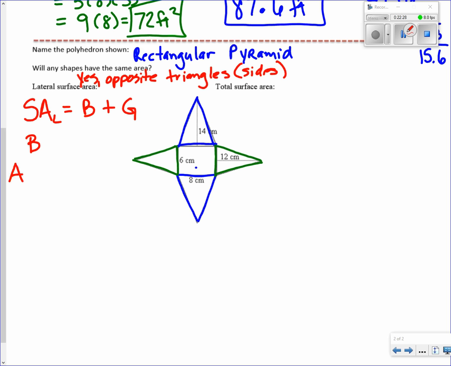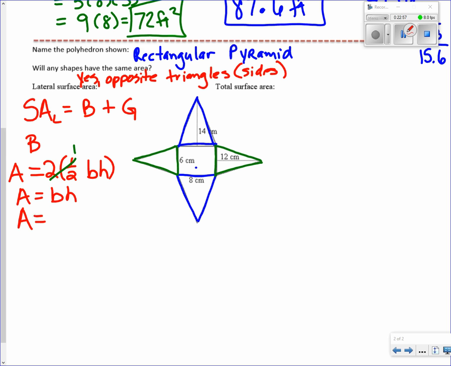And again, our formula for area of a triangle is 1/2 base times height. But remember, we have 2 of those, so we're going to have to multiply that by 2. So just like Ms. Nelson did and I did before, this 2 times 1/2 becomes 1. So now all we have is base times height.